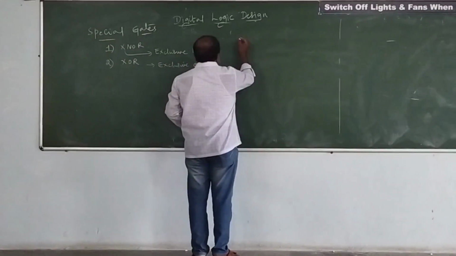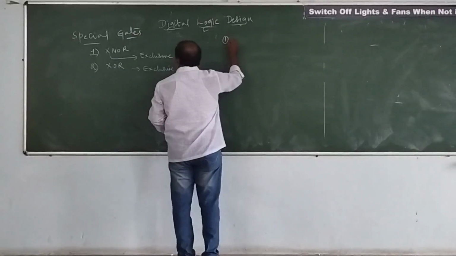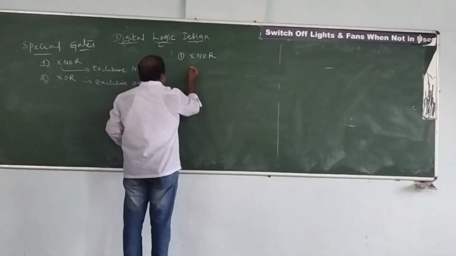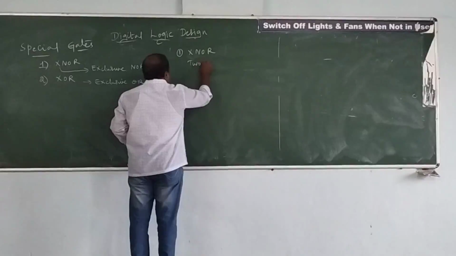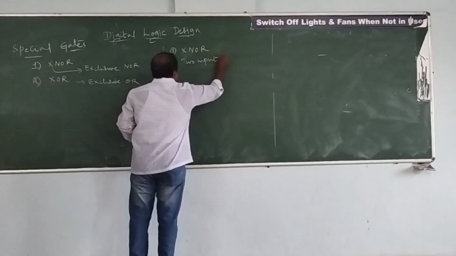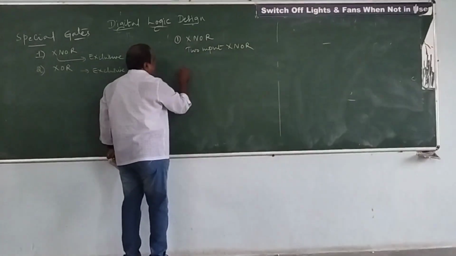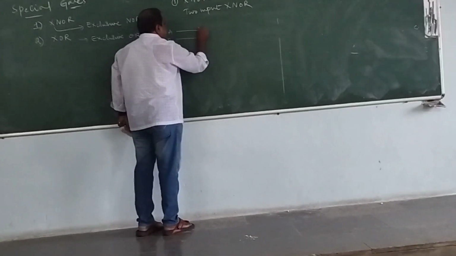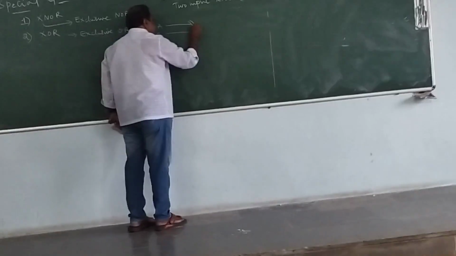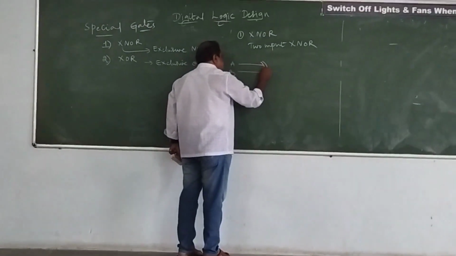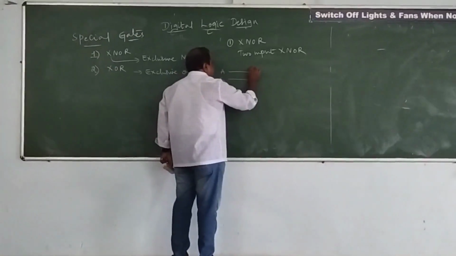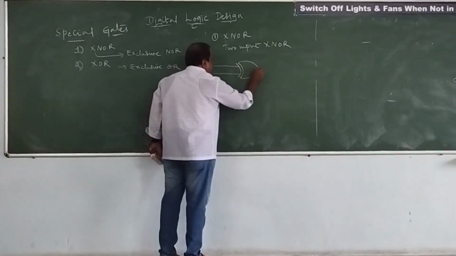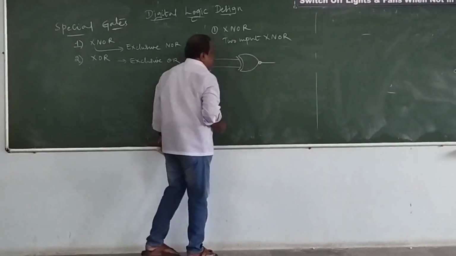The difference is, students, I can show the first case, the XNOR. XNOR takes two inputs, two variables A and B. The XNOR gate representation is very similar to the OR gate, with an exclusive line connected to the symbol of the NOR gate, which takes the output forward.